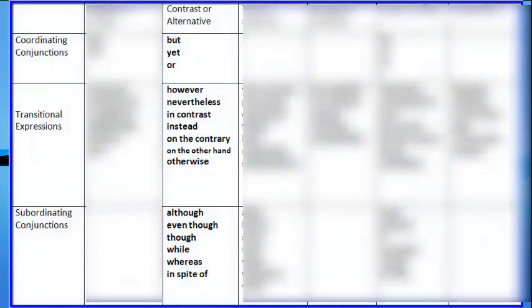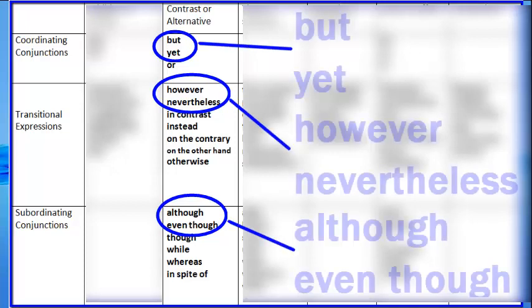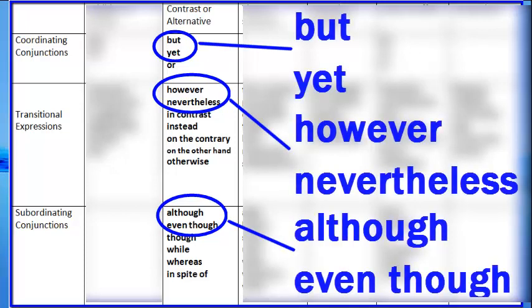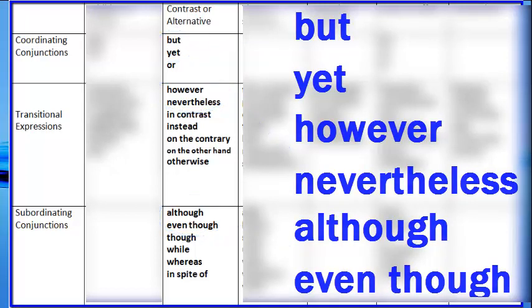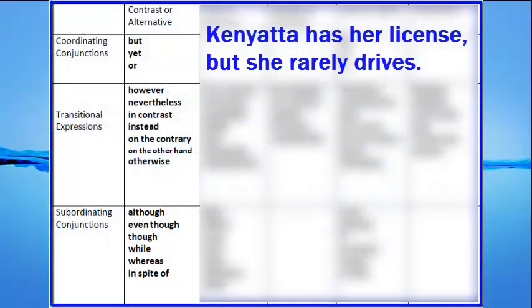Now let's look at words and phrases that show contrast, highlighting the words and phrases that are most commonly used. These include but, yet, however, nevertheless, although, and even though. Kenyatta has her license, but she rarely drives.